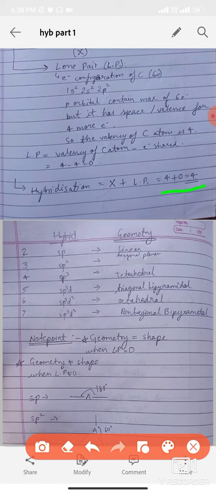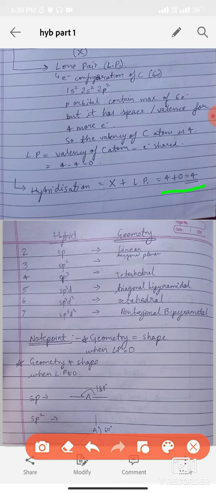So yes, after sp3 we get sp3d. So let us continue. Now according to the number, like 2, there are 2 orbitals, s and p, and these are not only orbitals, these are now hybrid orbitals. So for 2 we get sp, for 3 sp2, for 4 sp3, for 5 sp3d, for 6 sp3d2, and for 7 sp3d3.